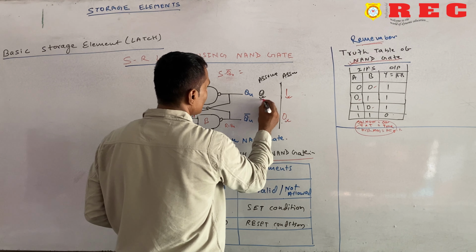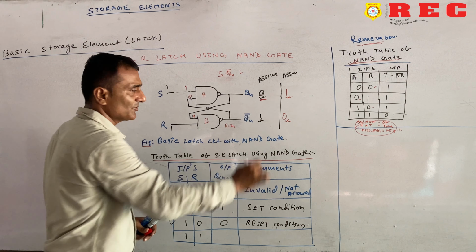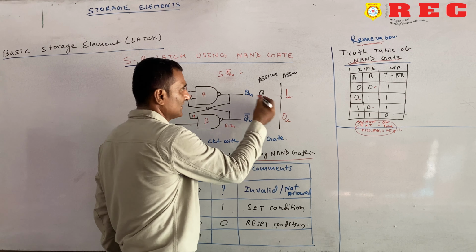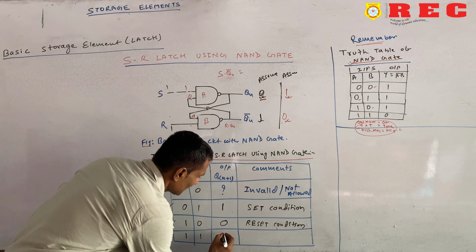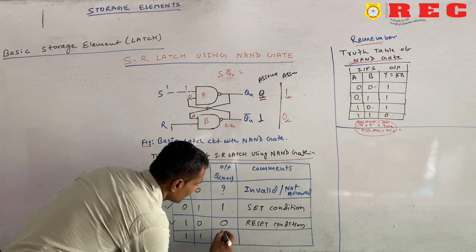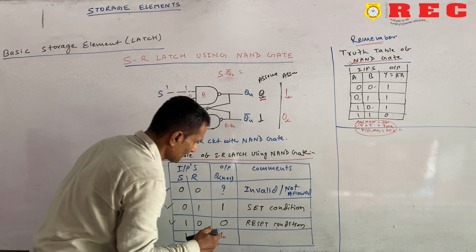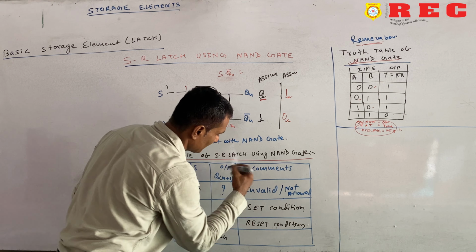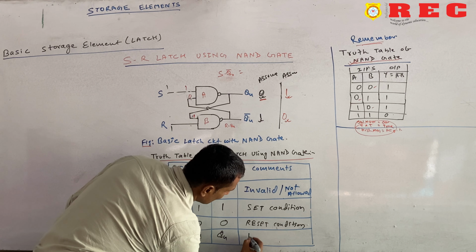So what we are seeing is that while we are assuming 0, then it was the 0. While we are assuming Qn is equal to 1, then it is the 1. So we can say the next state was the Qn, the previous value, and we will write here that this is the hold state.